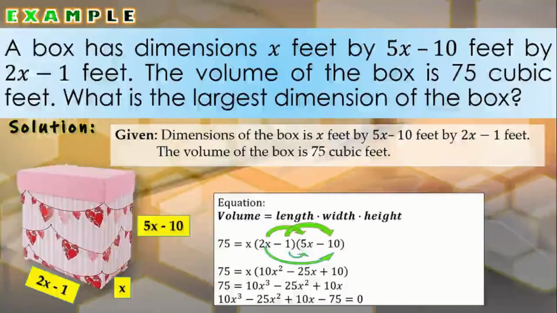And if we will transpose 75 on the other side, then that will become 10x cubed minus 25x squared plus 10x minus 75 is equal to 0. Remember class, kapag tayo ay nagtatranspose ng number or tumatawid tayo sa equal sign, nagbabago ang sign ng ating numbers.